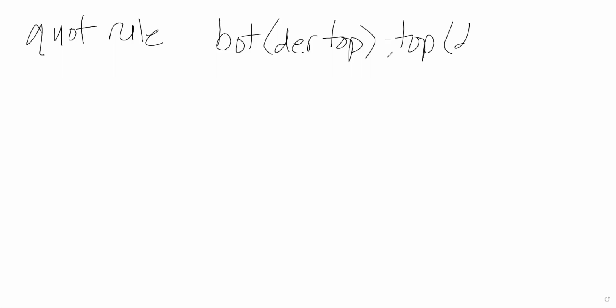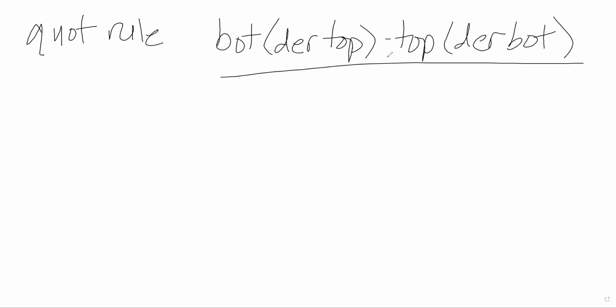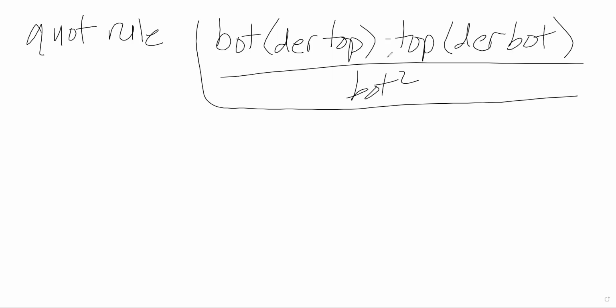So the general rule for this is bottom times the derivative of the top minus the top times the derivative of the bottom all over bottom squared. So I'm just going to put this off in a little box here.